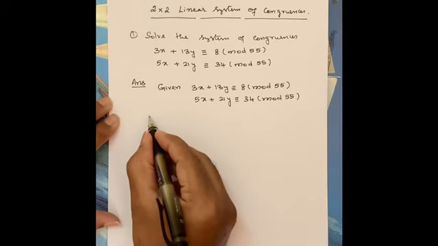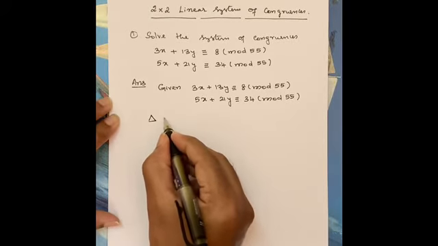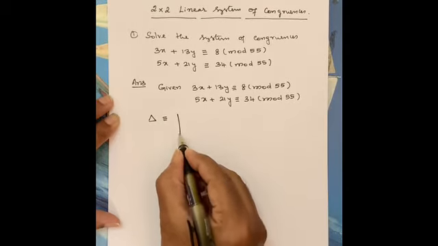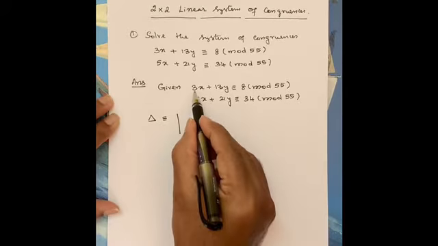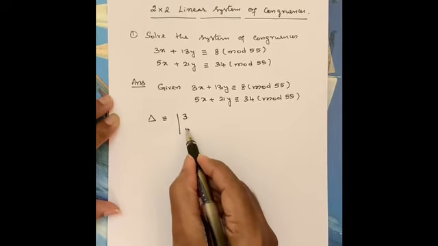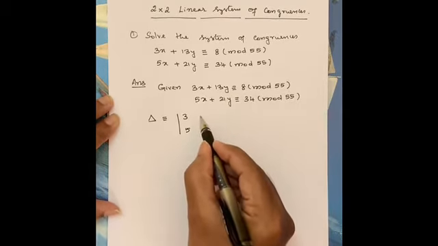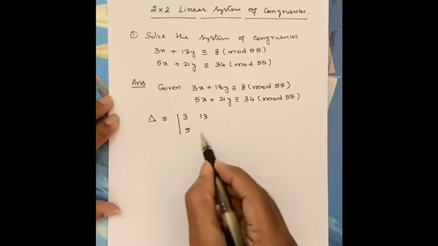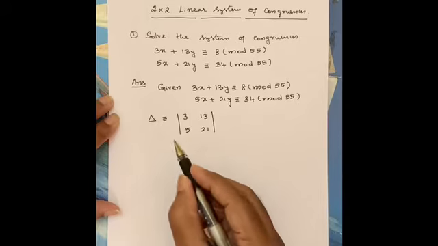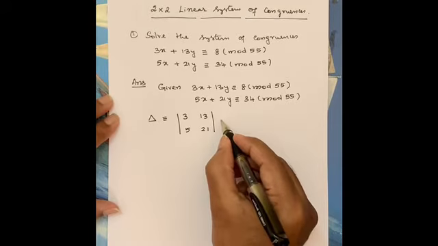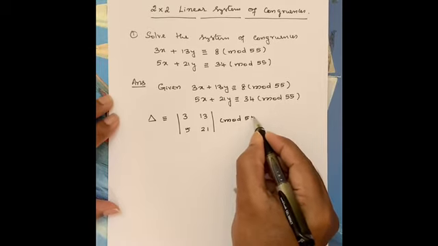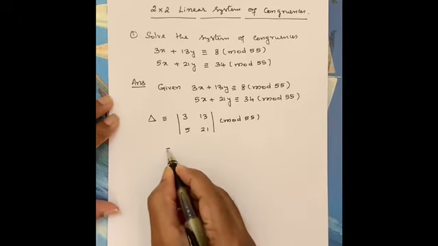First, we are finding the value of delta. Recall Cramer's rule, the same idea: determinant value, here the x coefficients are 3 and 5, and the y coefficients are 13 and 21. Here I can write modulo 55.